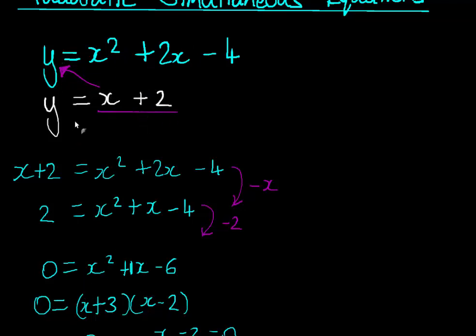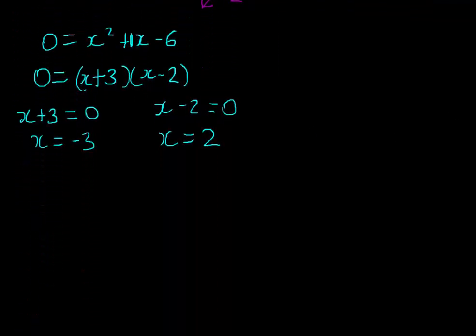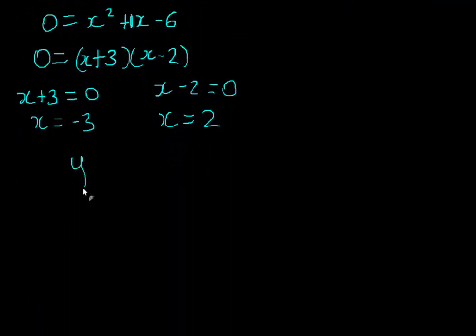We now need to find values for y. The easiest way to do that is just to use our second equation. y is equal to whatever our value of x is plus an extra 2. So if we go back to here, if y is equal to x plus 2, well, if x is minus 3, then y is equal to minus 3 plus 2.